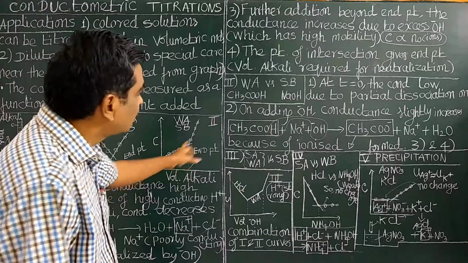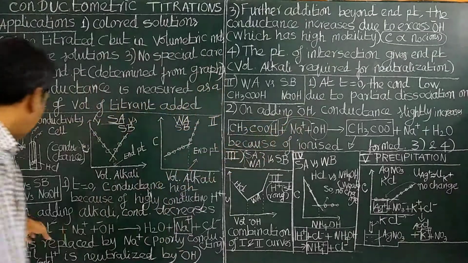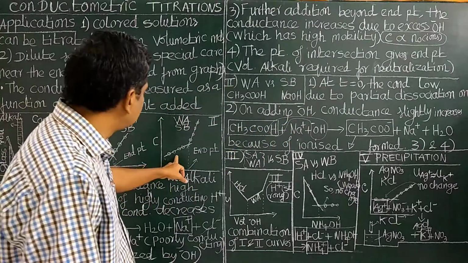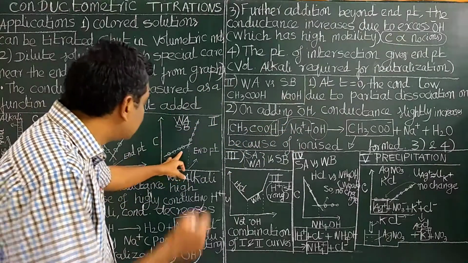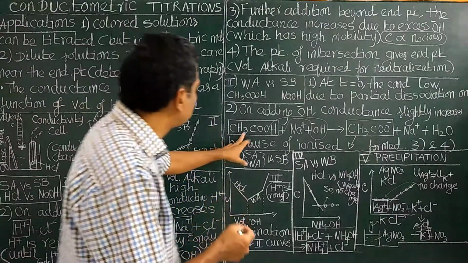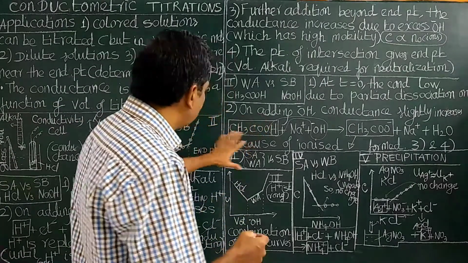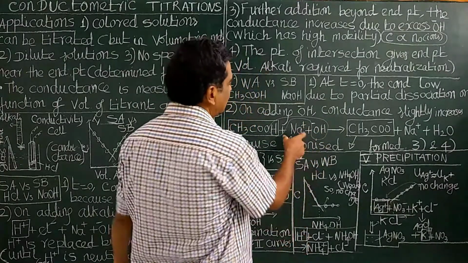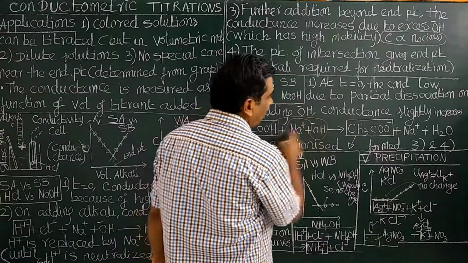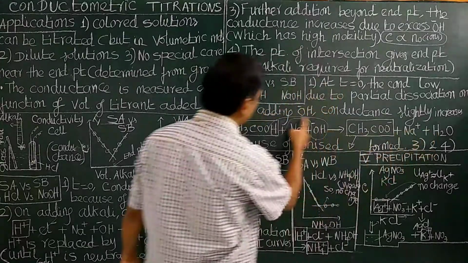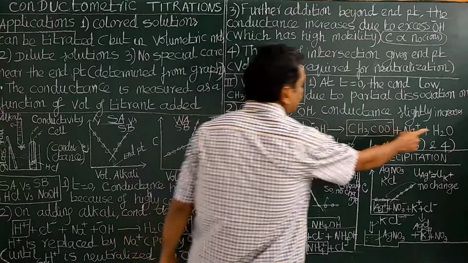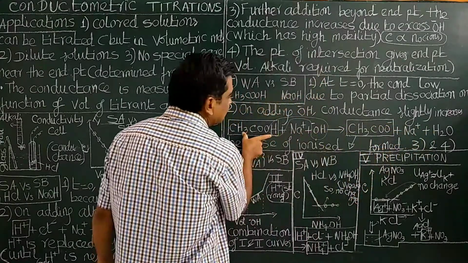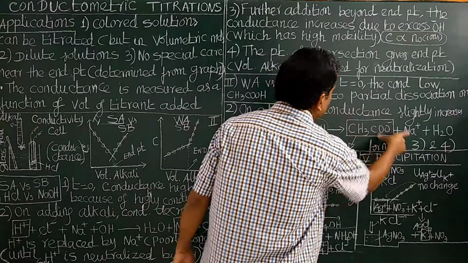Further, on adding alkali, the conductance slightly increases. This is acetic acid in the beginning, and then on adding alkali, Na plus and OH minus ions form water by the neutralization reaction with H plus, and the acetic acid is replaced by sodium acetate.